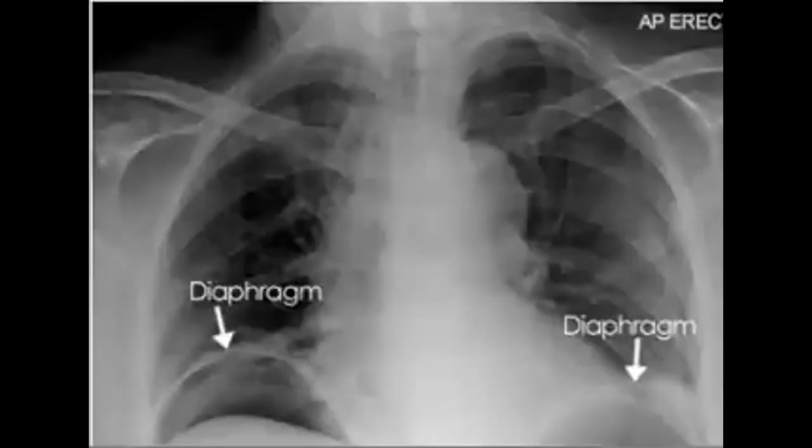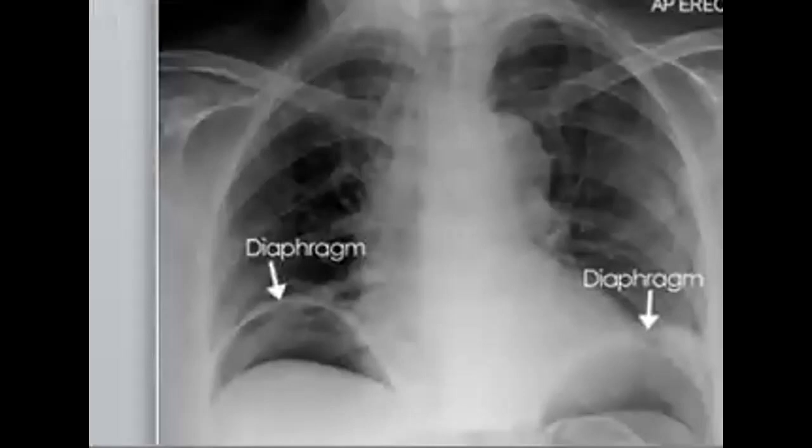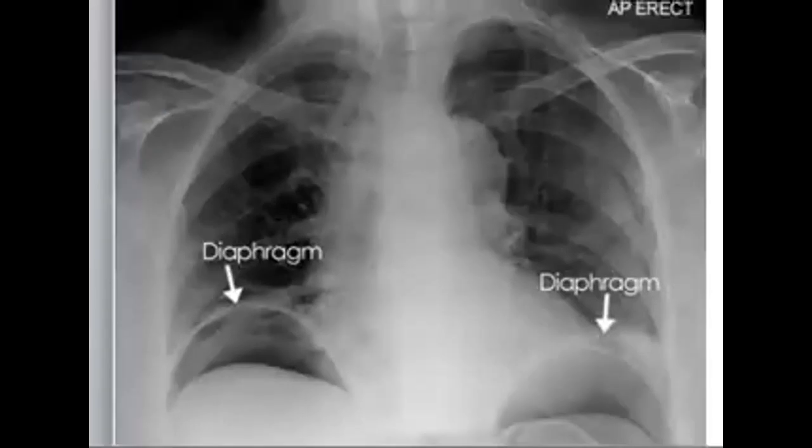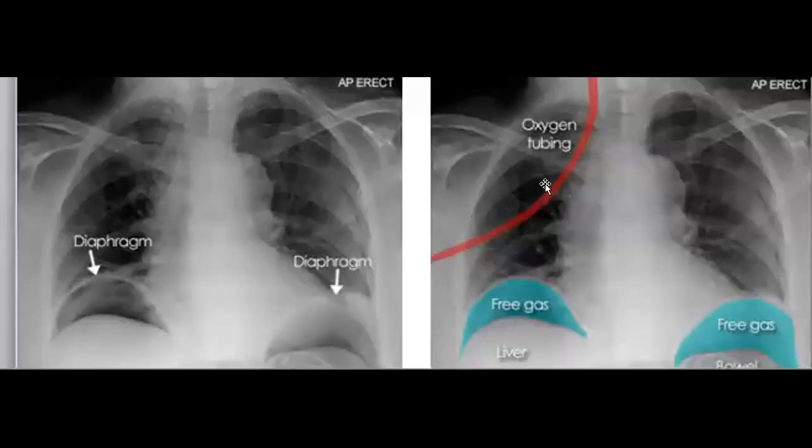Actually, the most important for you will be the emergency, the acute condition in the abdomen. Starting from the peritoneum, you check for air under the diaphragm, as in here, and you can see that there is free air.